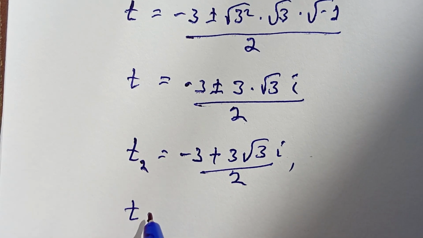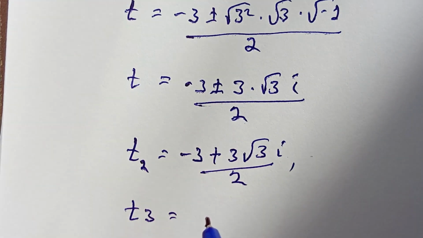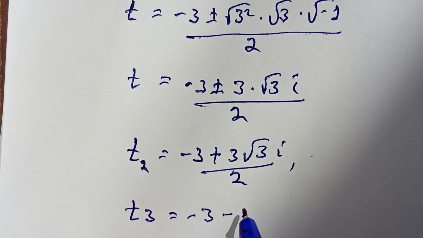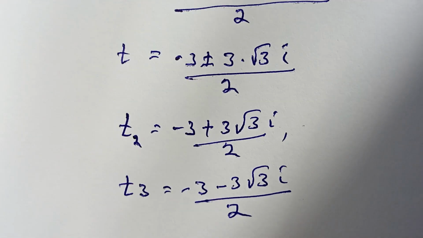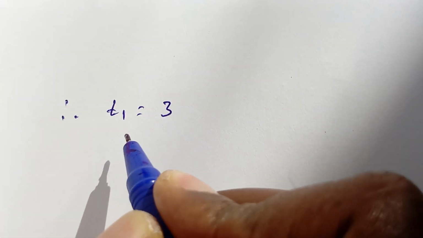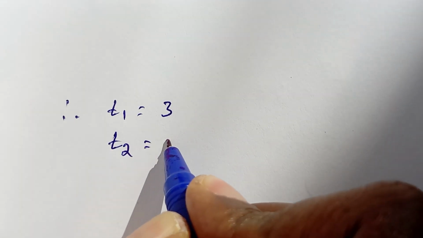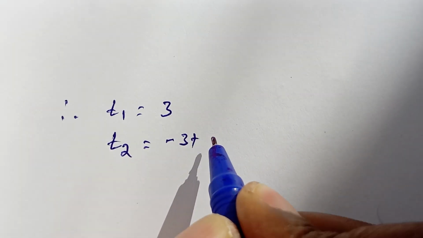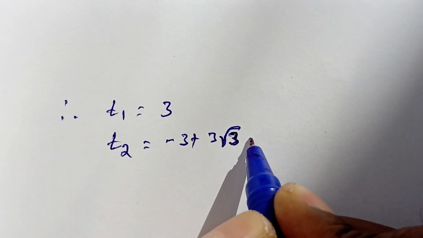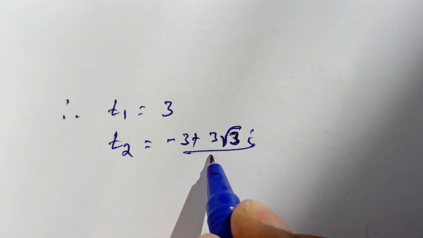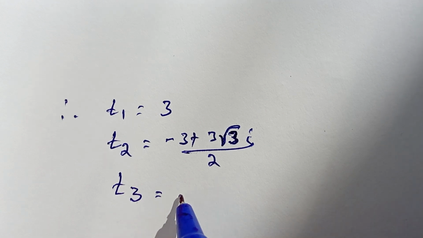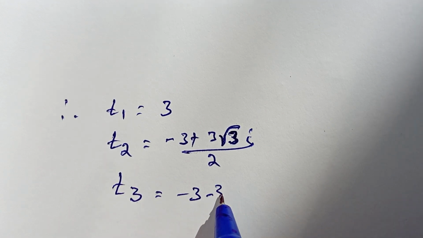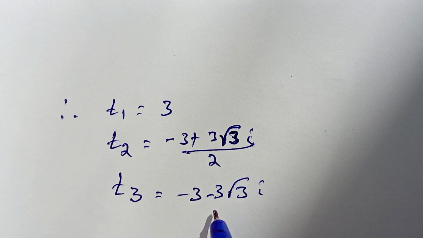So t3 is equal to the minus part, minus 3 minus 3 root 3 i over 2. Therefore, the three solutions are t1 is equal to 3, t2 is equal to minus 3 plus 3 times radical 3 i over 2, and t3 is equal to minus 3 minus 3 radical 3 i over 2.